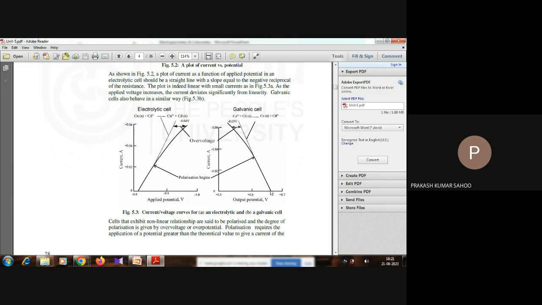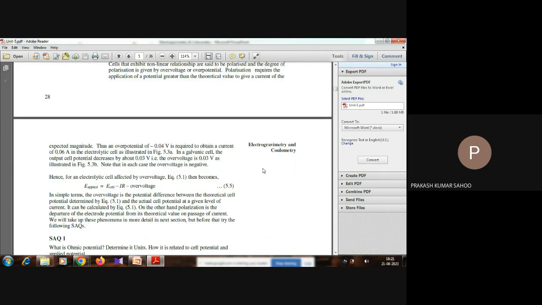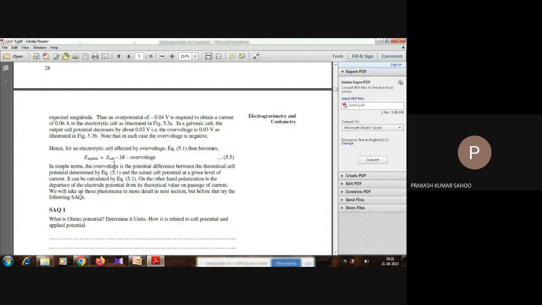This is known as polarization, and this will be minus 0.03 volt polarization, which is due to your over voltage. So E applied equals E cell minus IR minus over voltage. This will be the net equation.